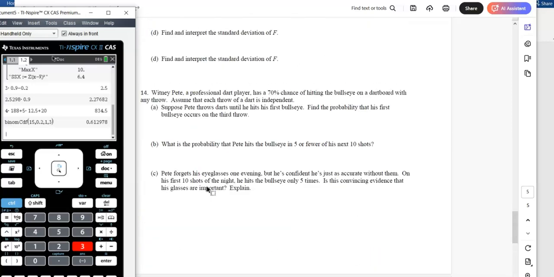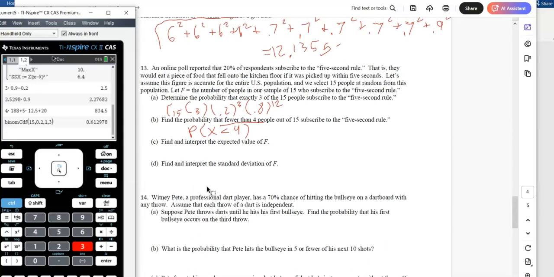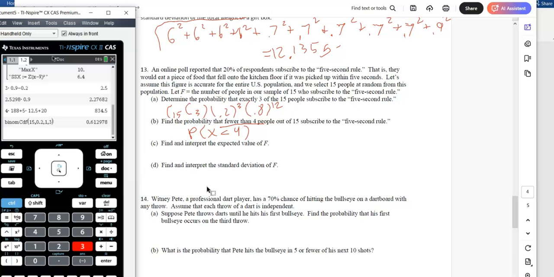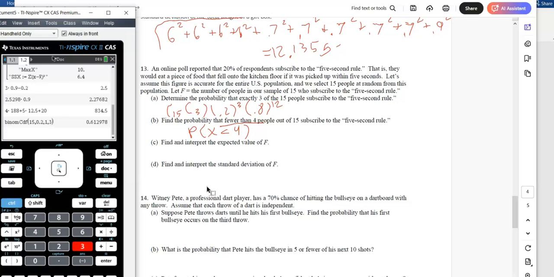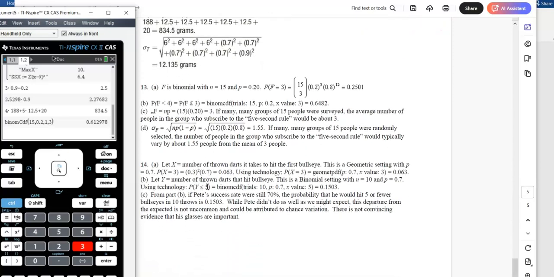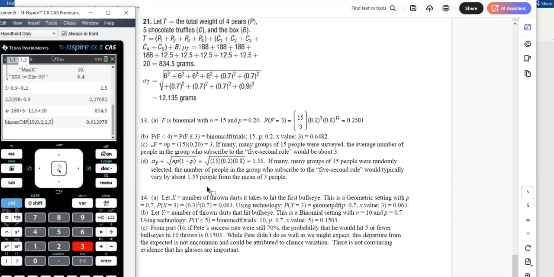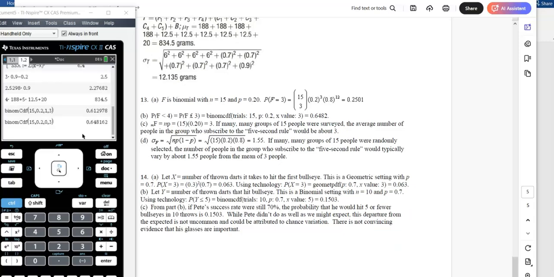They got 0.6482. So I changed my lower bound to be 0 and it worked out.